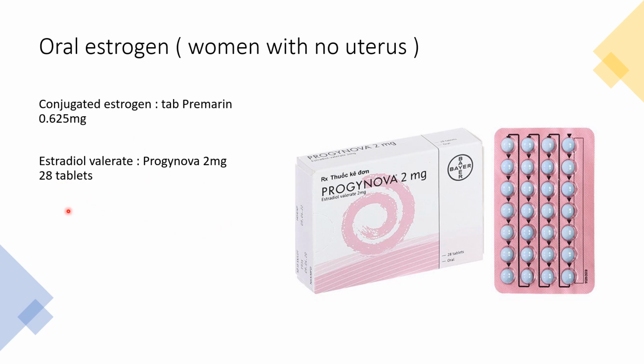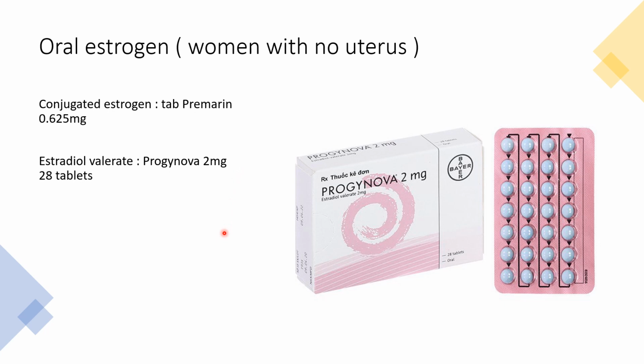Another is the estrogen-only tablet in the form of estradiol valerate, and the brand name is Progynova. Its strength is 2 milligram, and this packet has 28 tablets in it. There are many other indications for its prescription, like if a female has hypogonadism, premature ovarian failure, or has never menstruated in her life, or has a small uterus because of hypogonadism, and if she has had a hysterectomy, we can prescribe Progynova.